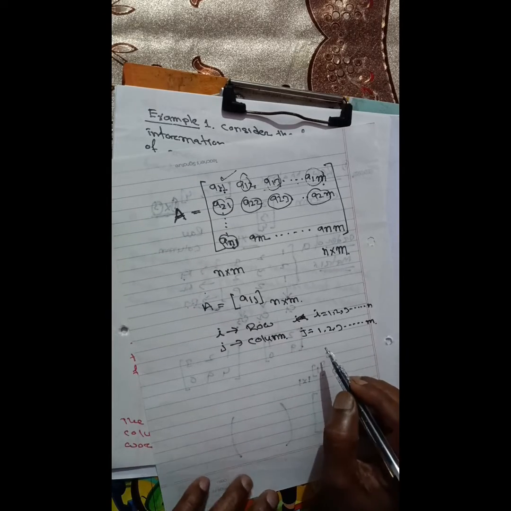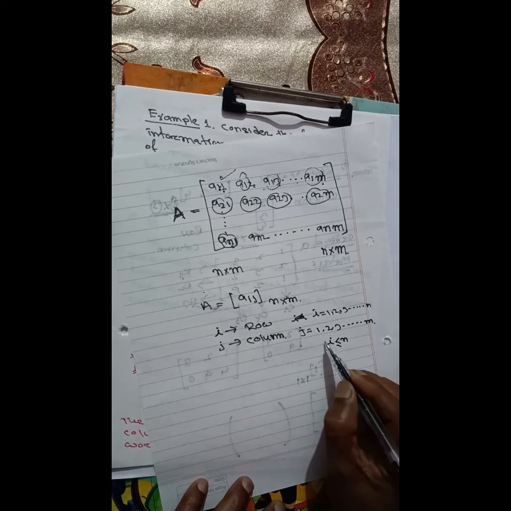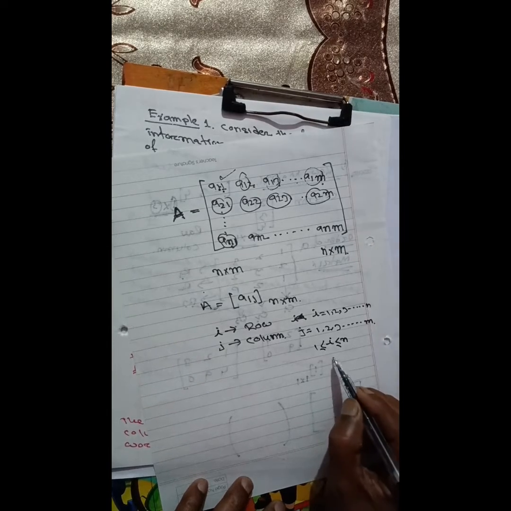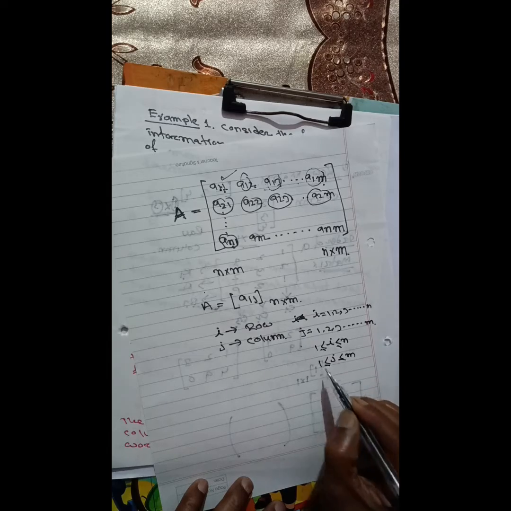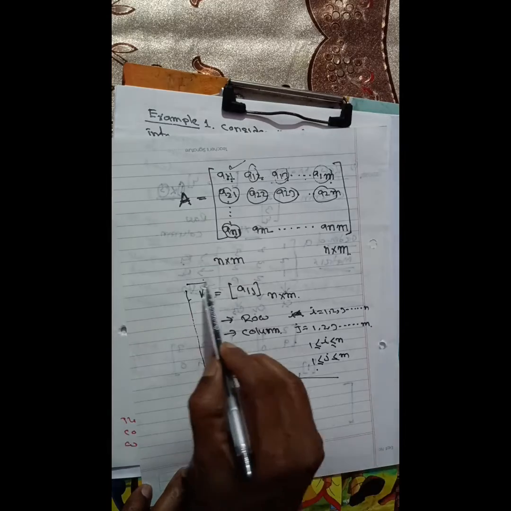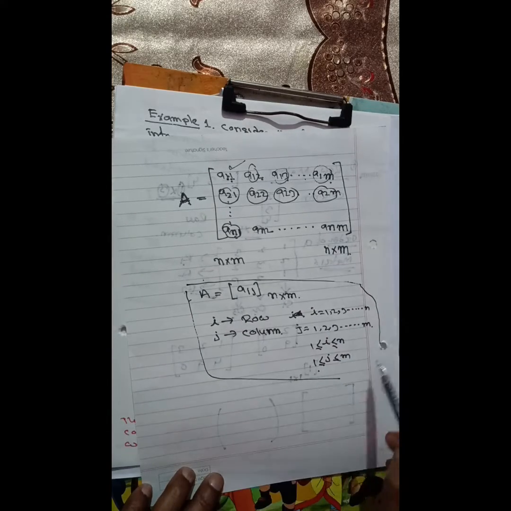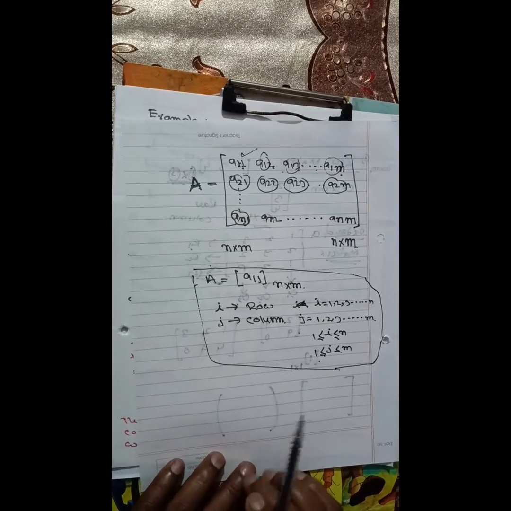That is, i lies between 1 and n, and j lies between 1 and m. This is the simple process to denote the matrix.